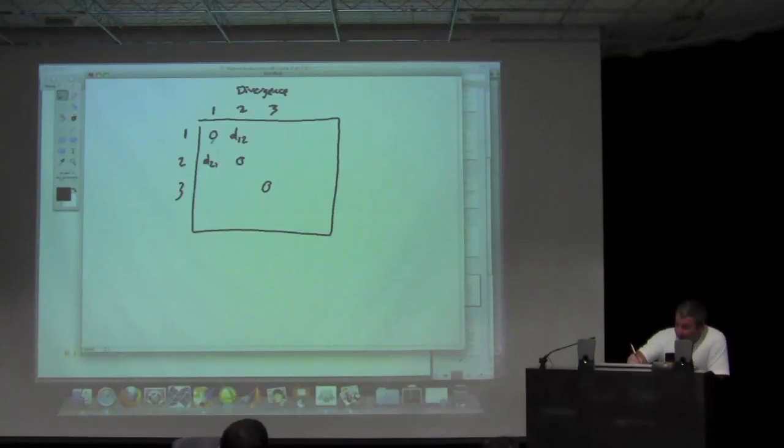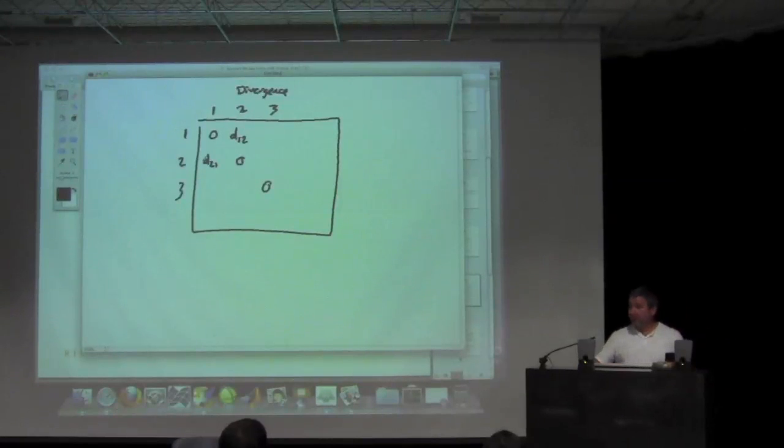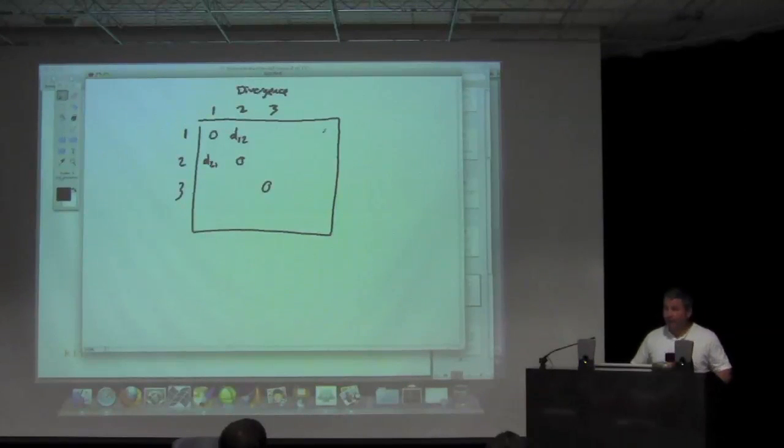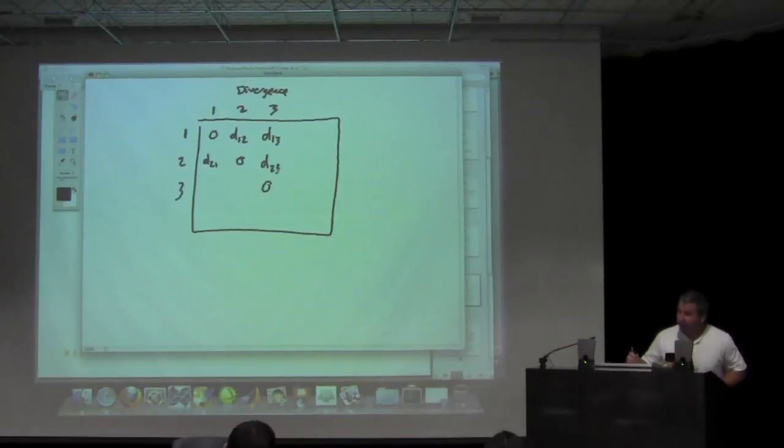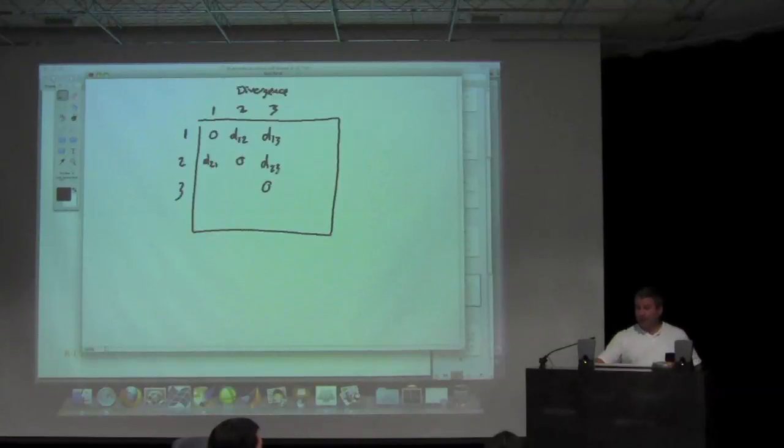You wind up having to compute the lower triangular or the upper triangular part of this matrix, and that would be all the possible divergences that you can come up with for these 3 classes in this case. So D12, D13, and D23. You'd have to compute those 3 in this case, and obviously it goes up as you have more and more.